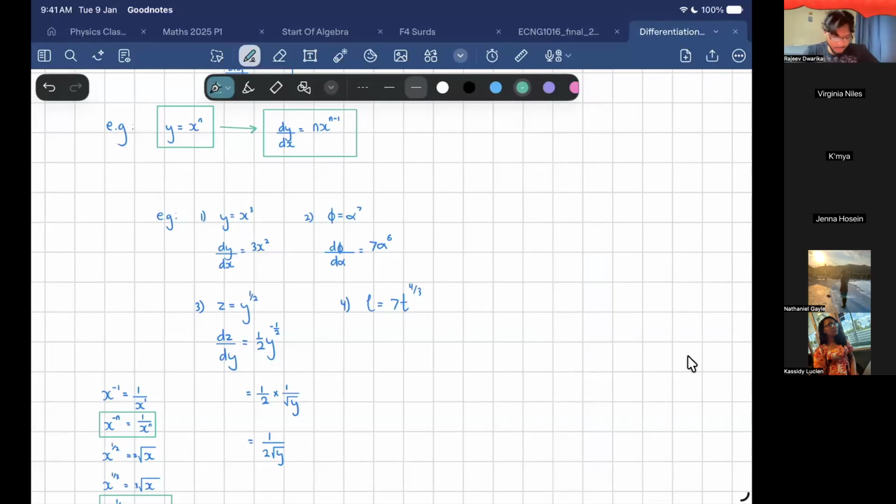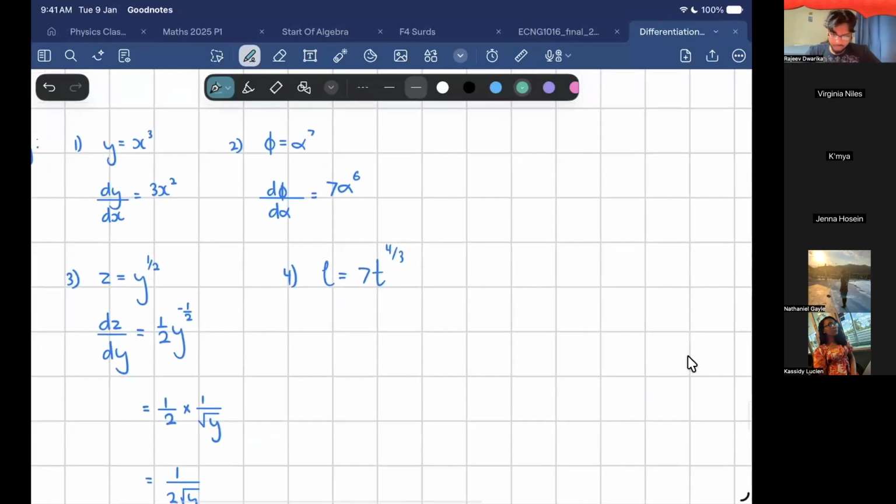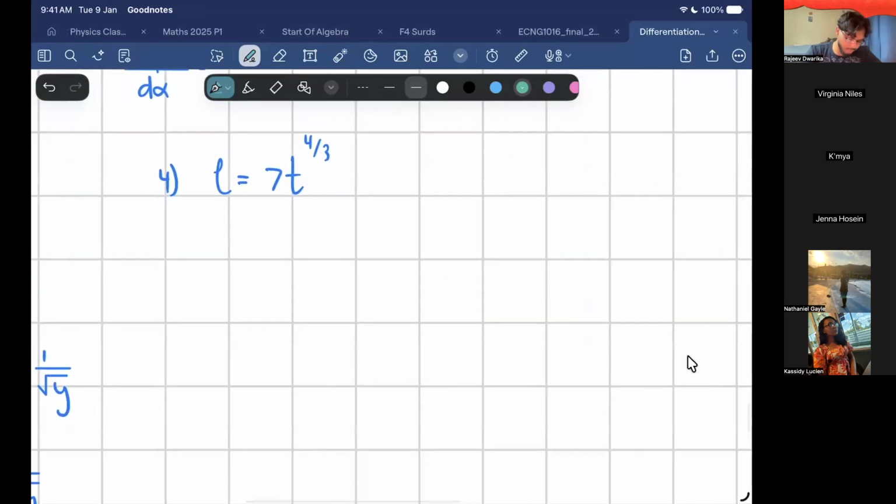I like slanted working like yours. I don't like how you put the equal sign... If I'm differentiating, I'll be differentiating L with respect to t, so that's going to be dl dt.